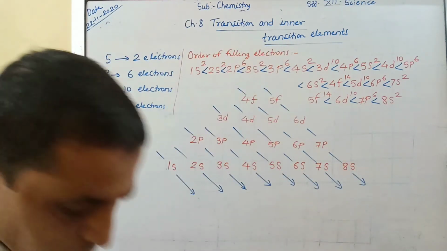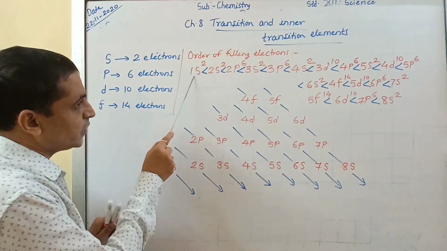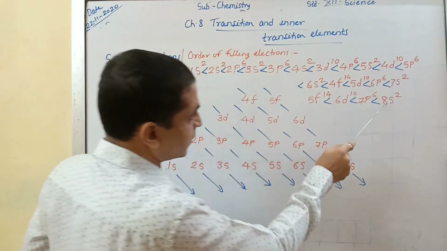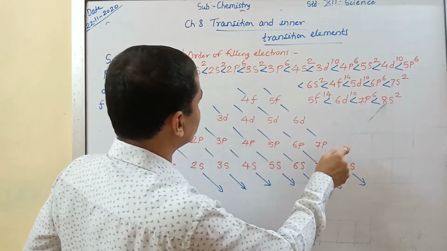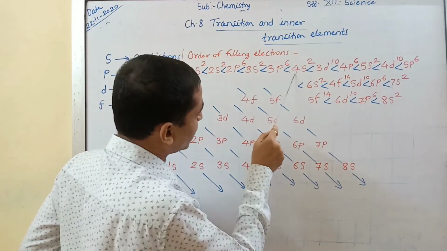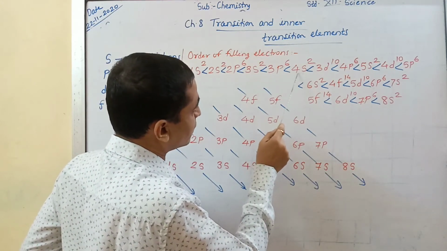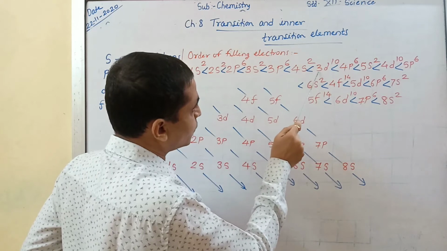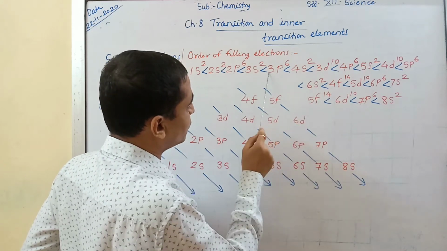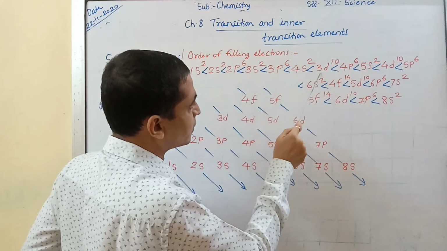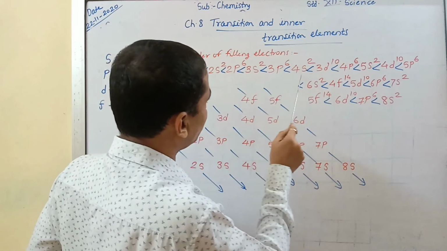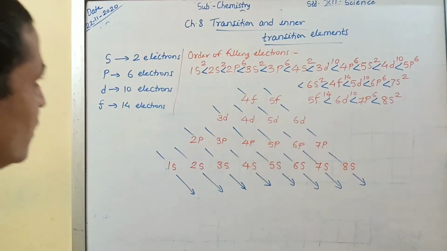It means the 1s subshell contains less energy and the 8s subshell contains more energy. Similarly here, see, the 4s subshell contains less energy as compared to the 3d subshell. See here, 3p, 4s, 3d, because 3d has more energy than 4s. So this is the order of filling electrons.